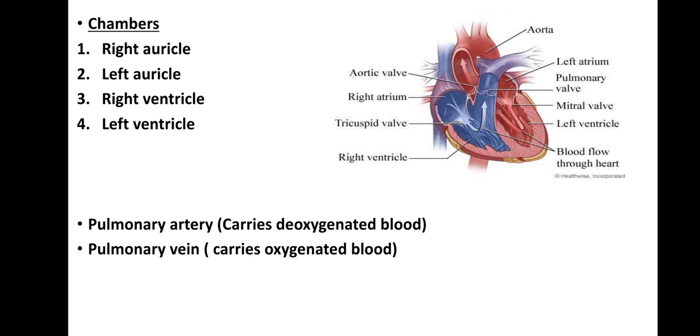Each of the chambers has a sort of one-way valve at its exit. This prevents blood from flowing backwards. When each chamber contracts, the valve at its exit opens and allows blood to come into the next chamber. The valves close at the end of contraction so that blood cannot flow backward.